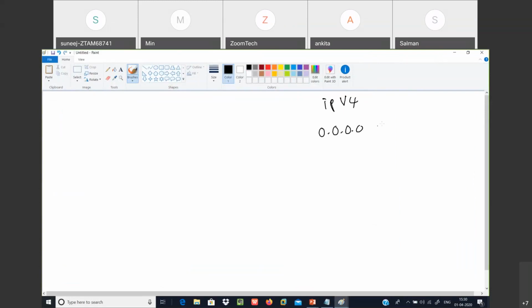It's what we call a global ID, or we can call it a default ID. What about 127.0.0.0? We call it a loopback ID. Perfect.